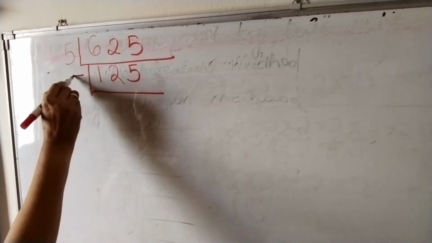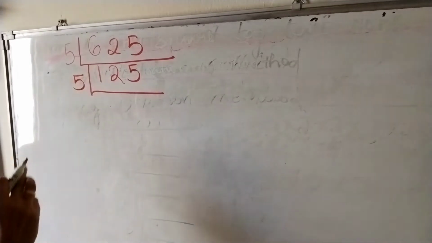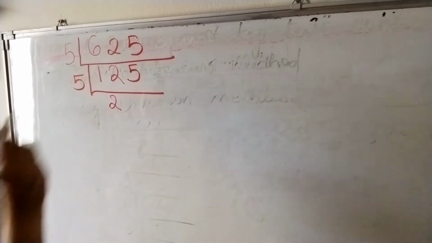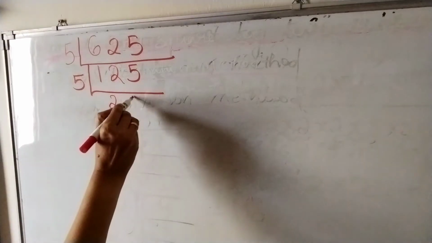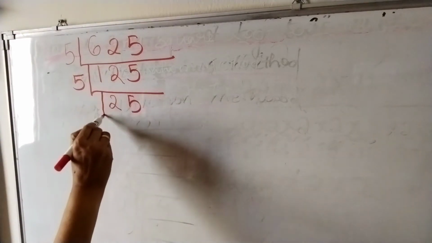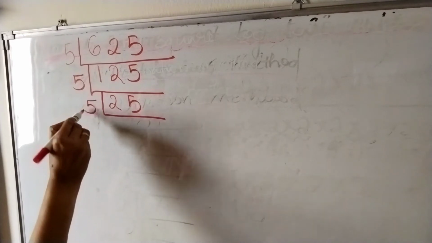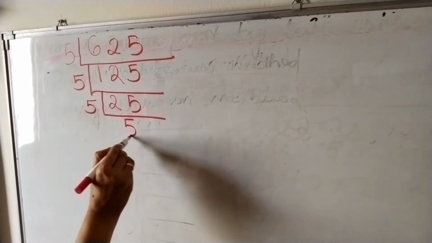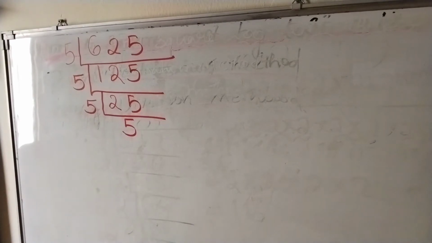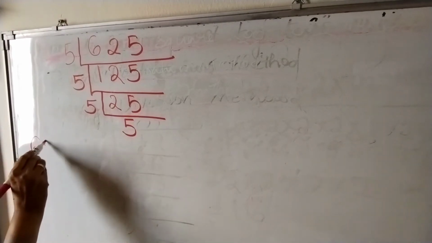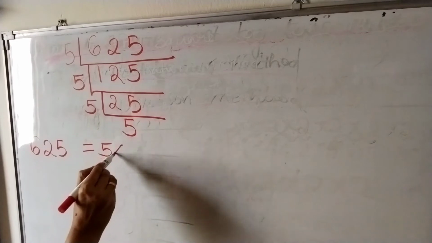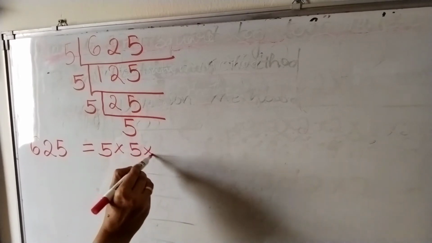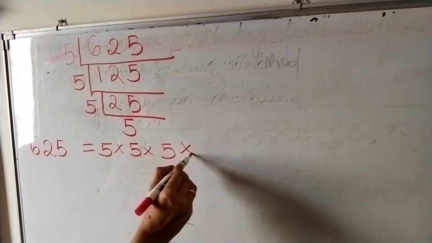So we can write 625 like this: 5 into 5 into 5 into 5.